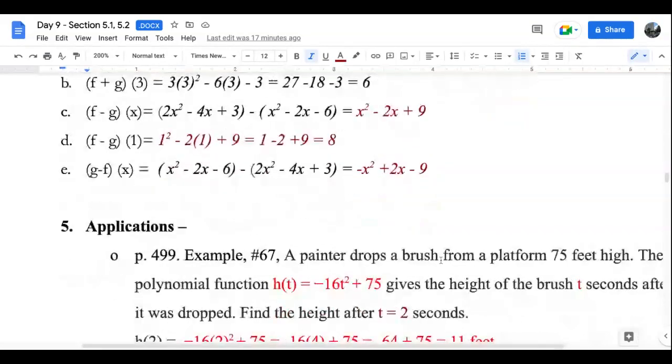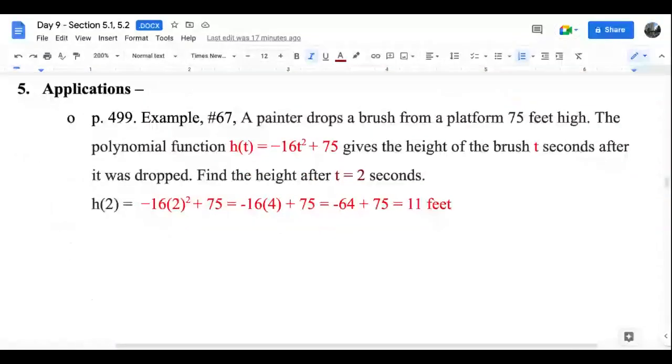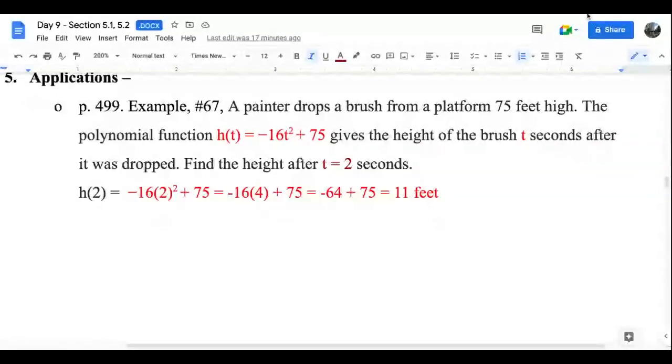Okay, let's see some live applications. A painter drops a brush from a platform 75 feet high. The polynomial function represents the height of the brush after t seconds. So find the height after t equals 2 seconds.